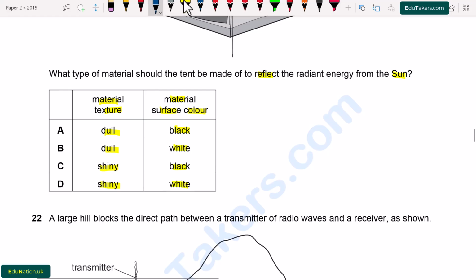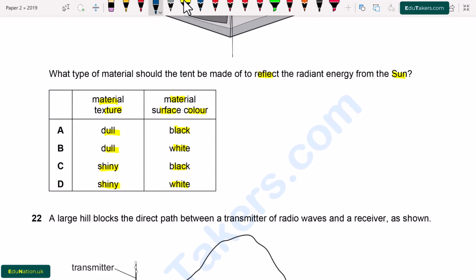So first of all, the shiny surfaces are good reflectors and the white color also reflects all of the visible frequency range. So the combination of the shiny and white surfaces makes a good reflector. So the shiny white surface is a good reflecting surface.